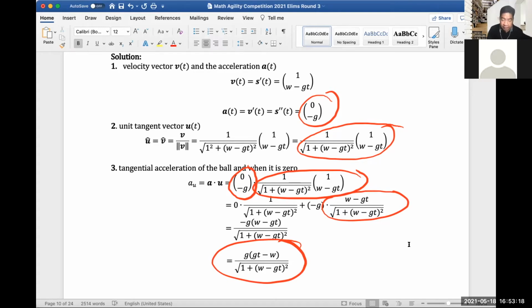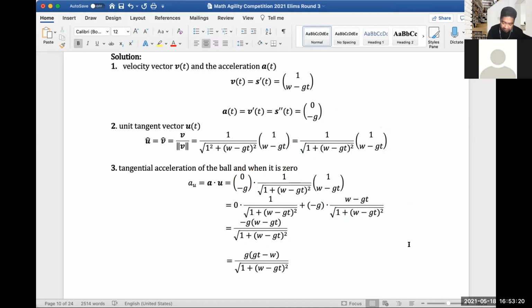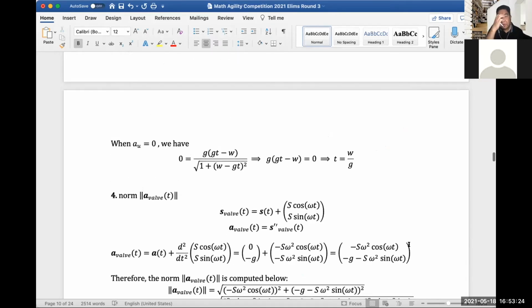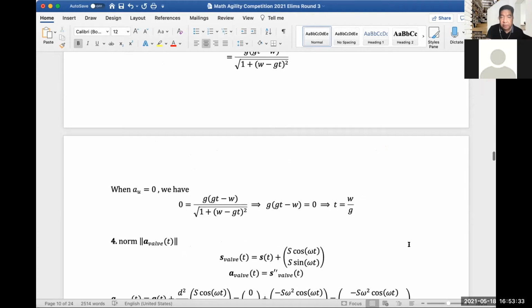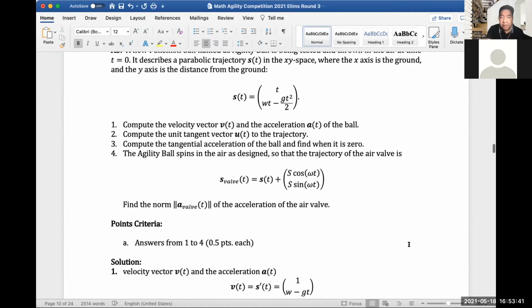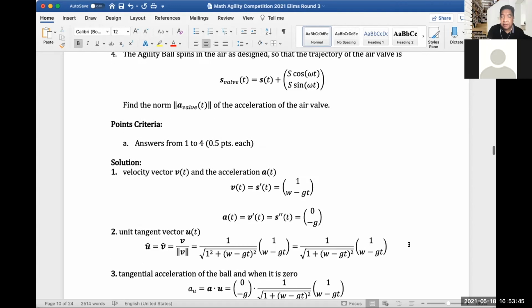Okay, so let's move to the next requirement. What would be the value of, what's the question again? We're solving for time when it is 0: compute the tangential acceleration of the ball and find when it is 0.